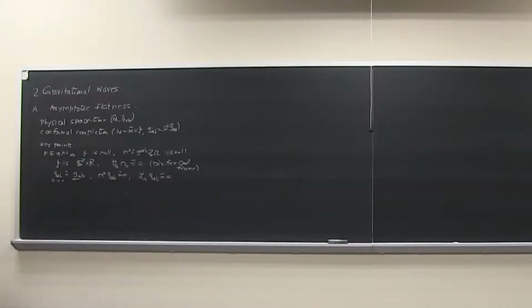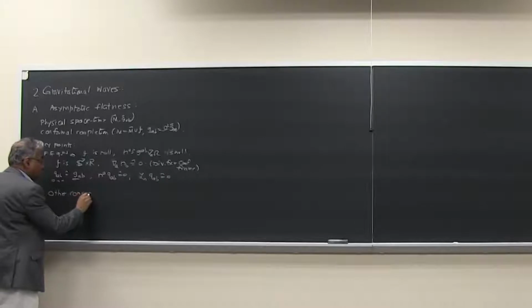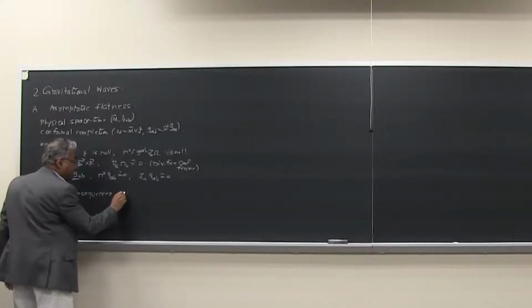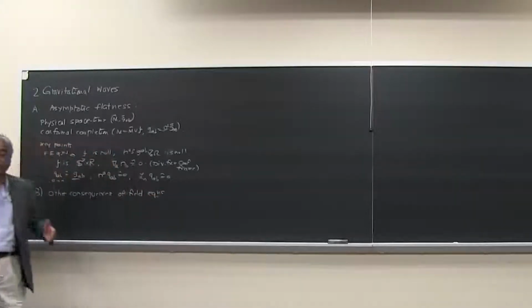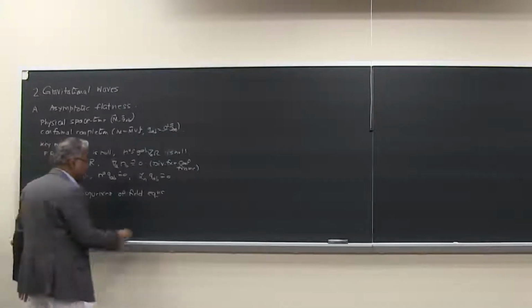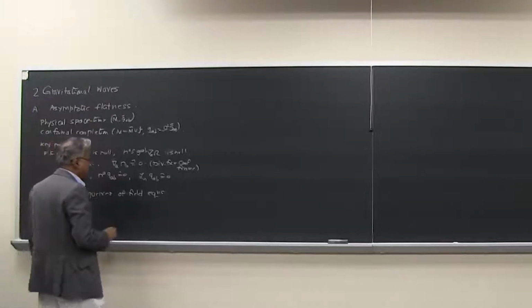So now this is what we want to use, and we want to go ahead now and understand the physical properties of Scri. And so that is our next part up here, which is really other consequences of field equations. So we already used field equations a little bit, and we want to understand other consequences. And when I say field equations, of course, we just need field equations near Scri, asymptotically.